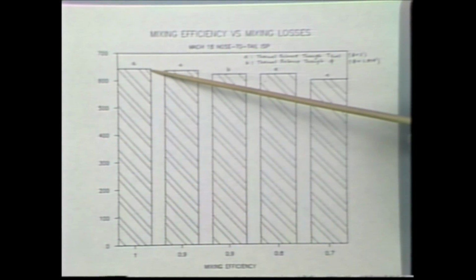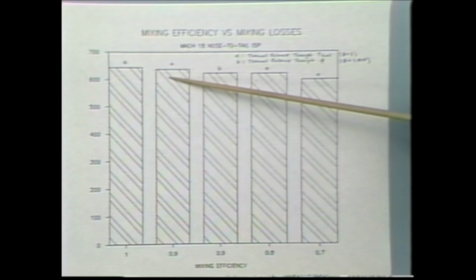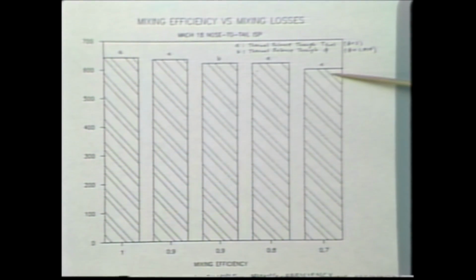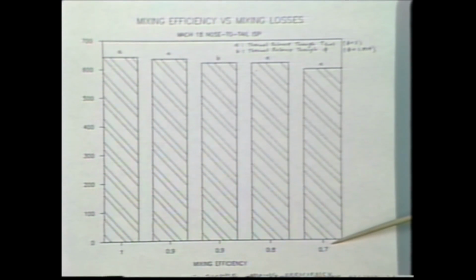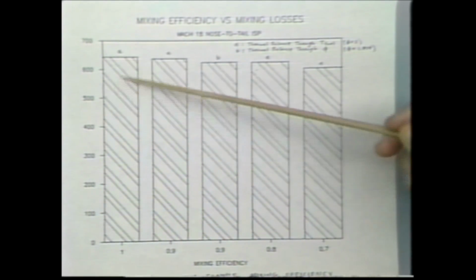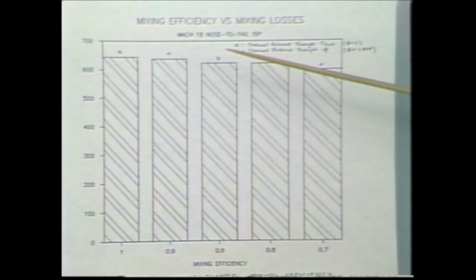When all that was turned into analysis, I found that for this Mach 18 condition, we reduced our mixing efficiency as we went to the lower mixing efficiencies. It was still beneficial to keep your mixing efficiency high. That may not be true if you use other means, like putting in wedges or anything else, but for this particular case it did.